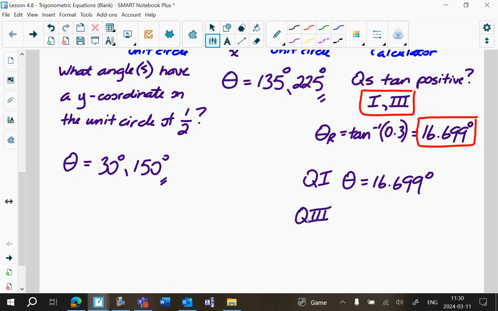Now, this is where we have to do a little bit of math. Think we're in quadrant 3. So we're in this quadrant somewhere. My reference angle is 16.699. To find my actual angle, don't I have to take 180 plus the reference angle? Easy.